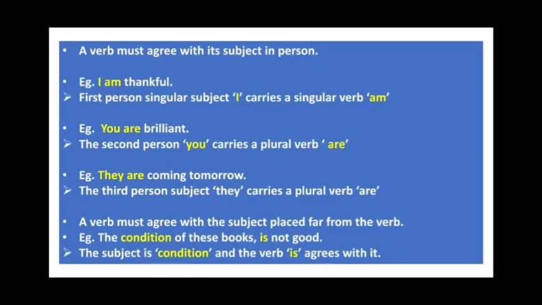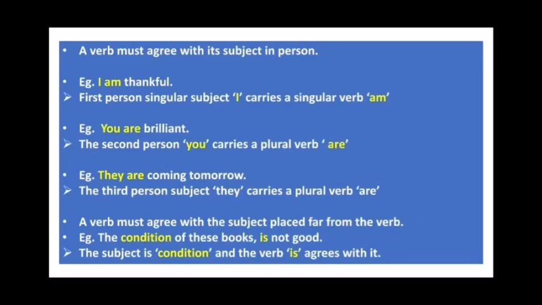Next example, you are brilliant. So you is the second person that carries a plural verb, that is are. Next, they are coming tomorrow. So they is the third person subject that is carrying a plural verb are.